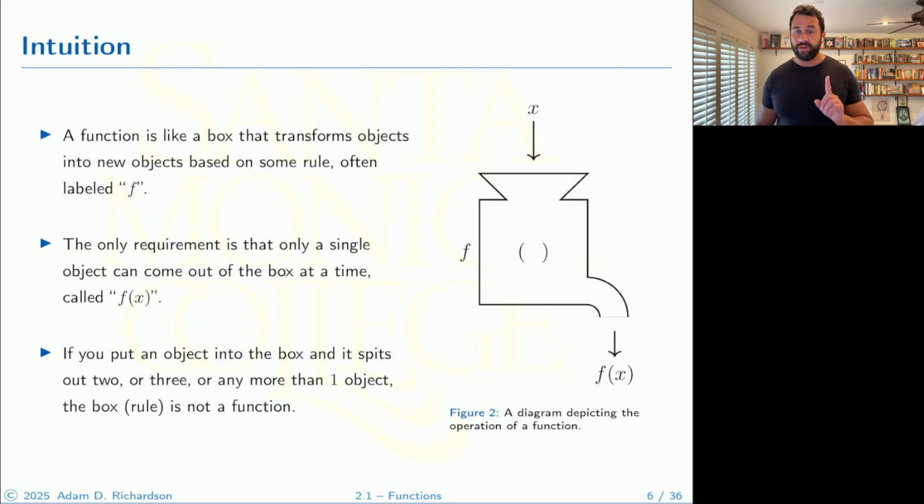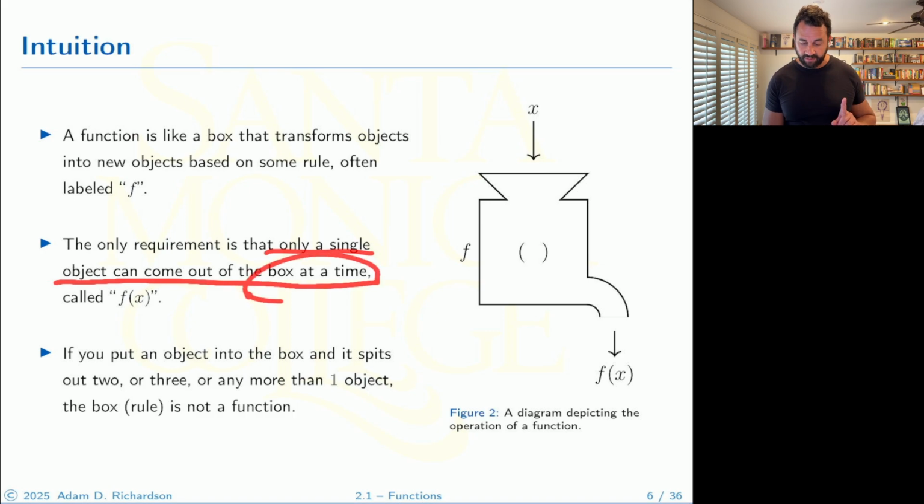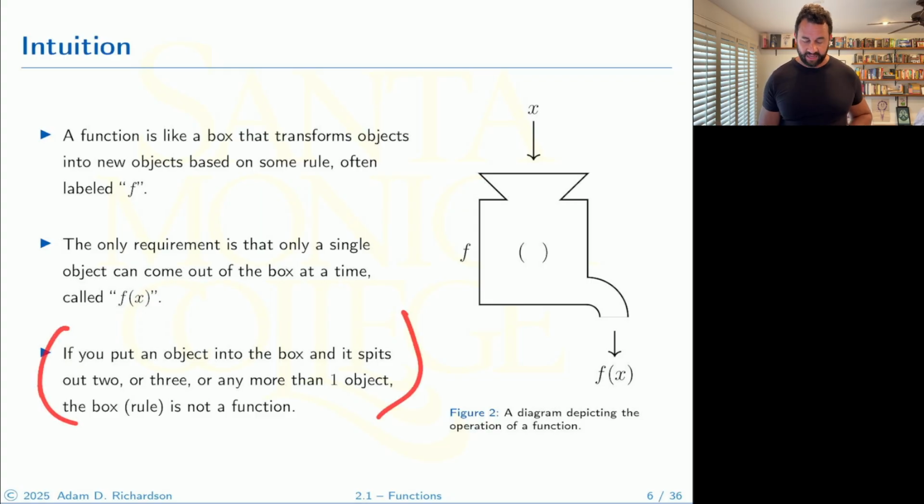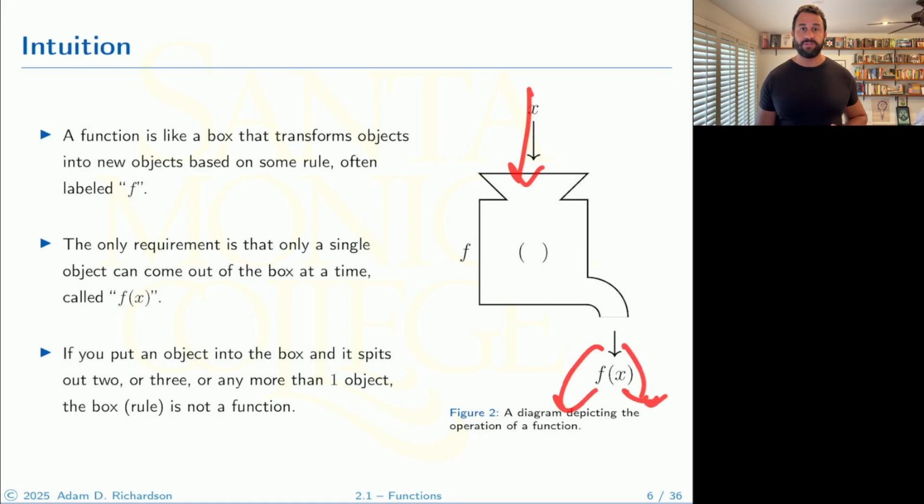The only requirement of a function here is that only a single object can come out of the box at a time, and we call that thing f of x. So if you put an object into this box and it spits out two different objects as a result, that is not a function. Okay, that is not a function. A function, you put one thing in, you get one thing out. You can't put one thing in and get a whole bunch of things out.